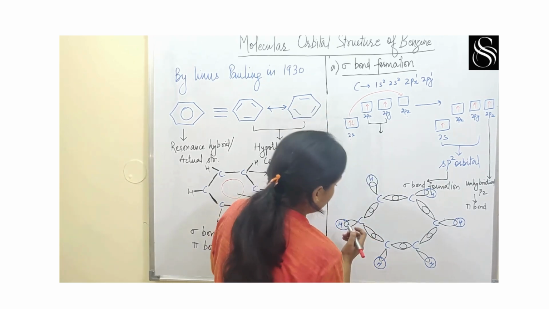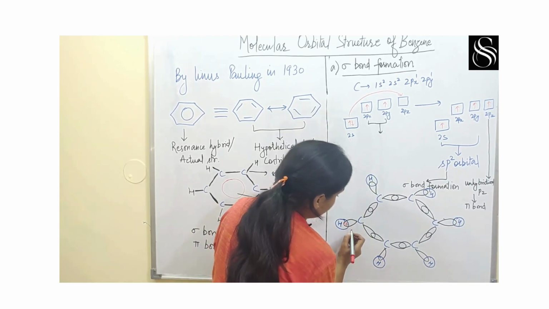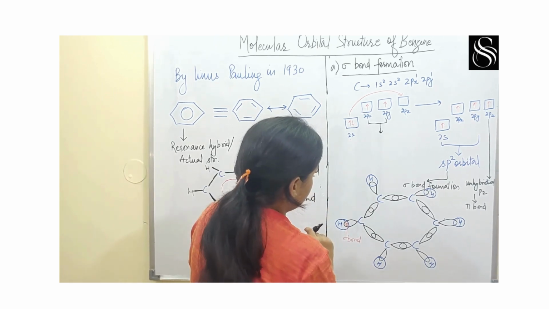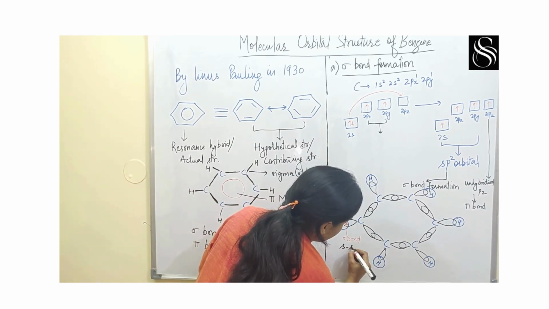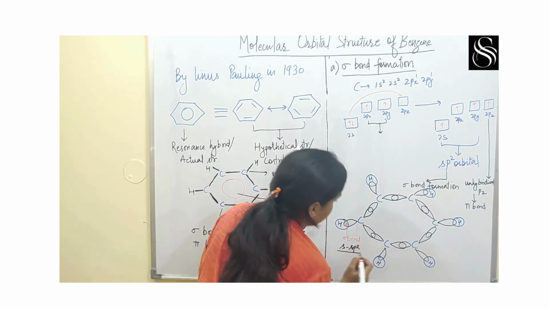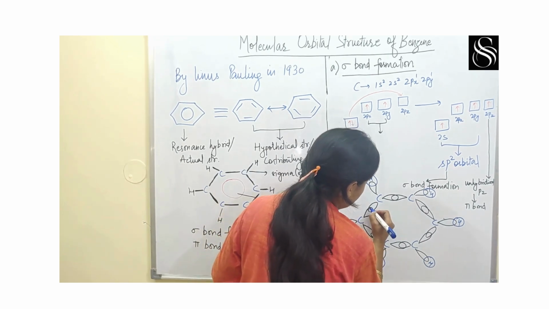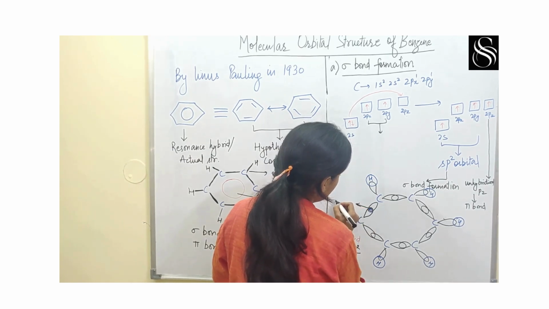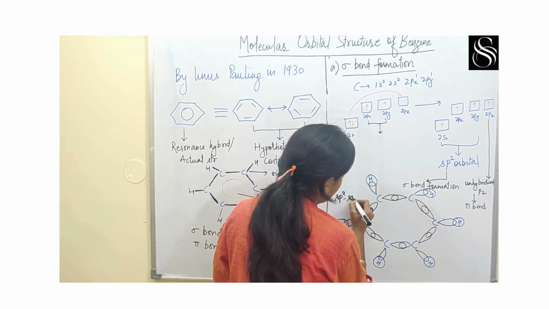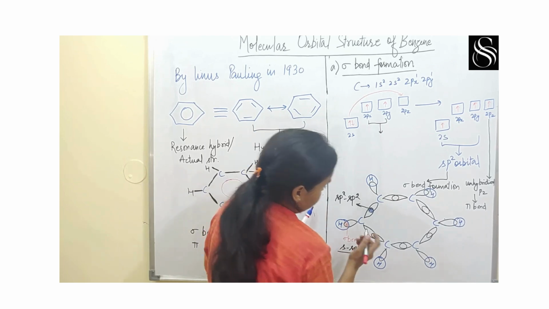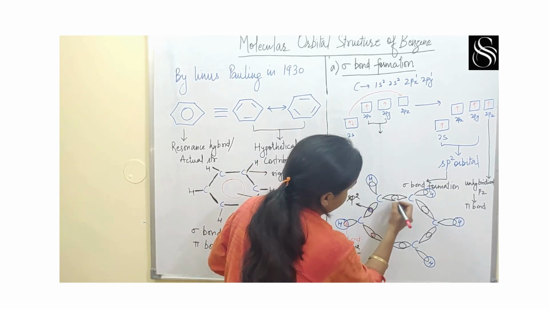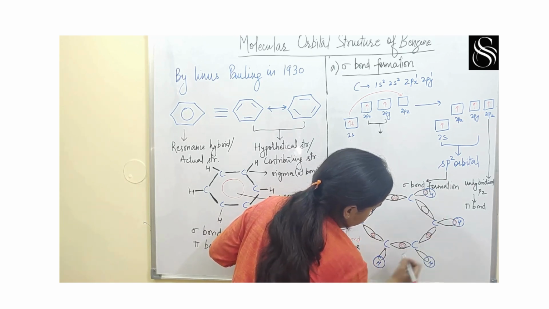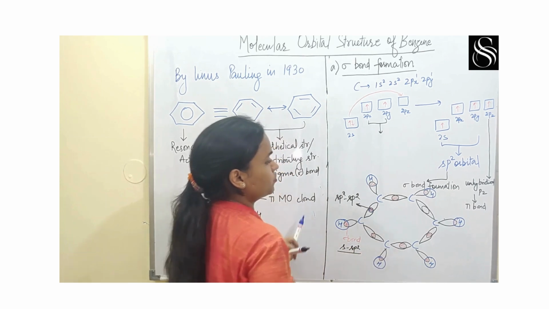So a sigma bond is formed between carbon and hydrogen, this is the sigma bond, due to the overlapping of the s orbital of hydrogen and the sp2 orbital of carbon. And one sigma bond is formed between carbon and carbon due to the overlapping of the sp2 orbital of one carbon and the sp2 orbital of another carbon. All these are sigma bonds.